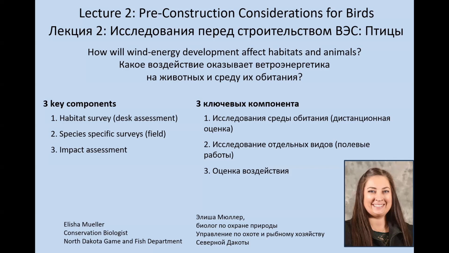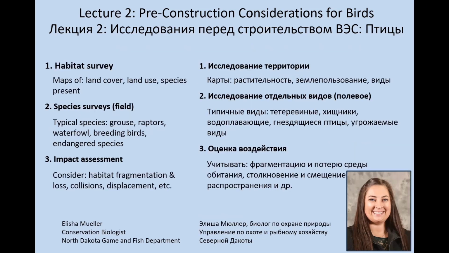That's a desk assessment, something you do from your office. The second are field surveys that are usually targeted at specific species or taxa. And then the third component is an impact assessment, that is sort of combining the information that you've brought in before.